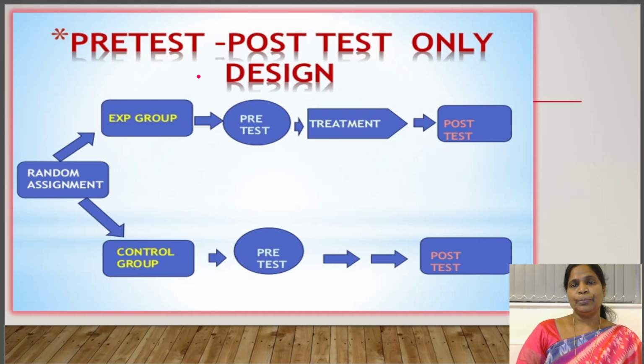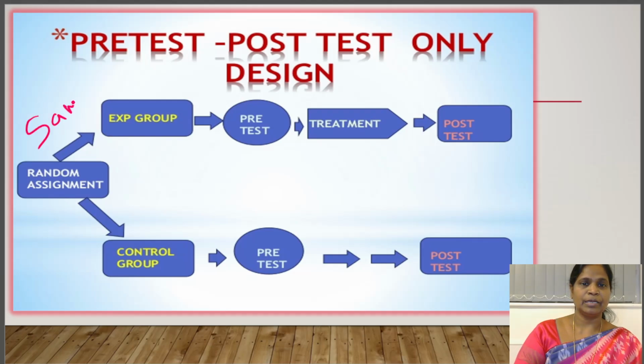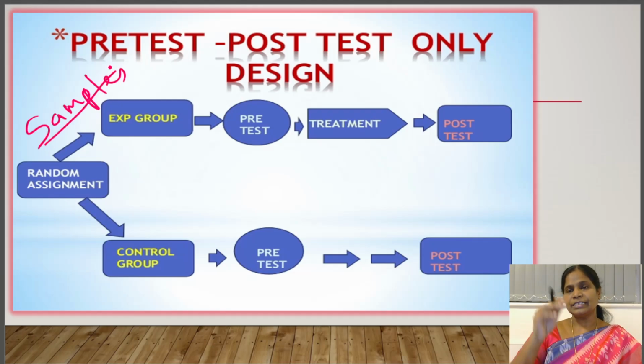First one, pre-test, post-test control design. Coming to this design, we have random assignment of samples. Samples are the participants who will be involved in the study. A sample is a subset of the population.